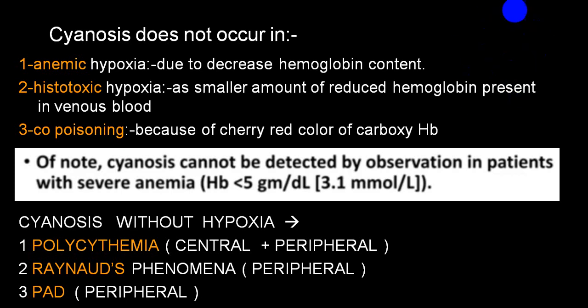But that excess 7 gram, which is deoxy, will produce cyanosis, and it will be more of peripheral cyanosis rather than central cyanosis.